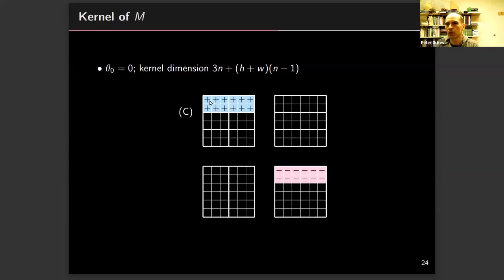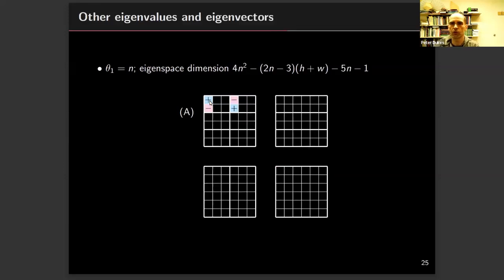Okay, so here are some other kernel vectors, and then I'll give you a look at some other eigenvectors for the non-zero eigenvalues. Here's a neat type of eigenvector for eigenvalue n. We take a rectangle of 4 positions where we've straddled at most 1 box boundary.